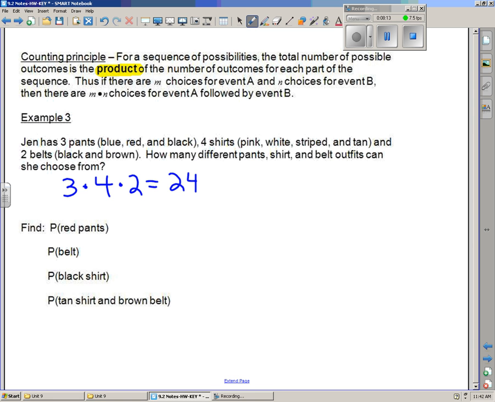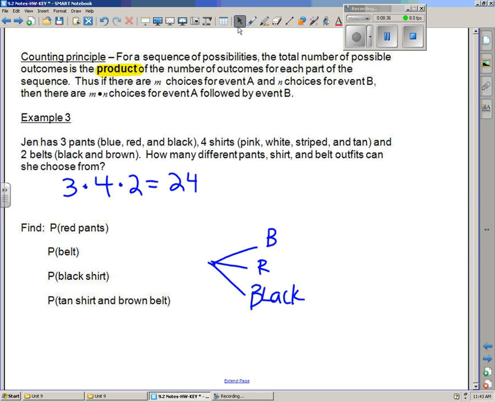You may or may not want to do a tree diagram to figure it out, but looking for outfits that have red pants. I will show you the tree diagram in case that you feel that you need it. So the idea would be if I were to start off with my pants, which are blue, red, and black.